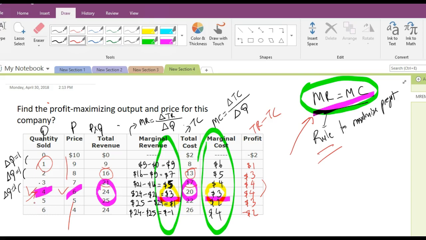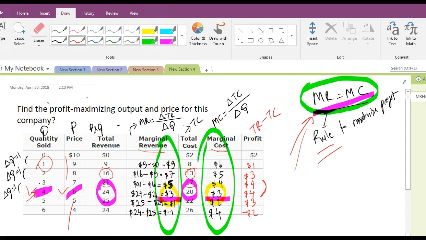Think of the opportunity cost of their time and energy and the resources they have. So we always choose the higher level of output, even though they offer the same profit for the company. So I will choose the second option, measuring marginal revenue and marginal cost and looking for the intersection point to make sure I get the correct answer.